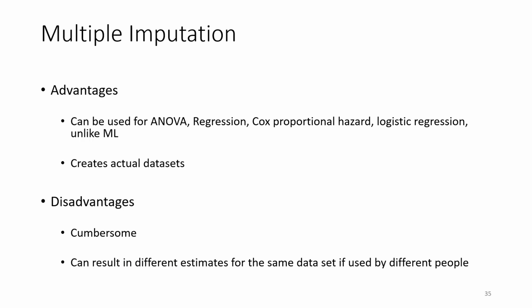The advantage of multiple imputation is that it can be used for most all of the statistics that you are likely to want to utilize. And it creates actual data sets, which may not seem like an advantage at the moment, but the next data treatment that we're going to talk about, which is the FIML algorithm, does not create actual data sets.